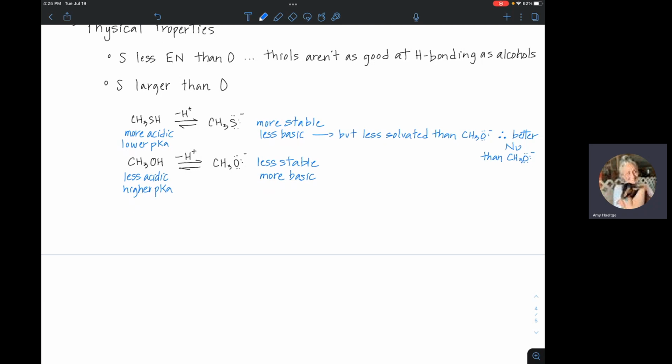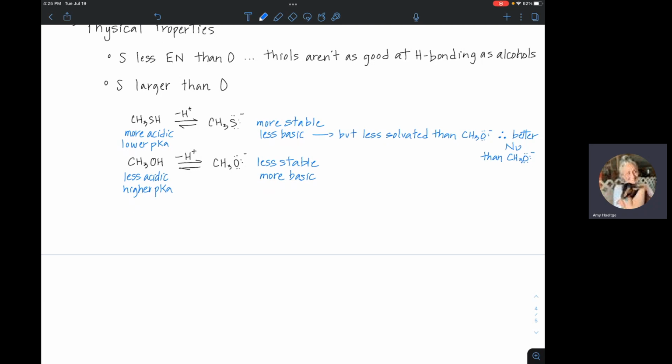It seems contrary to what we've been saying, because more basic usually means better nucleophile. But in this case, we have to talk about the size of the sulfur. It's also less electronegative, so also larger and hanging on to those lone pairs of electrons a little less fiercely than oxygen would.